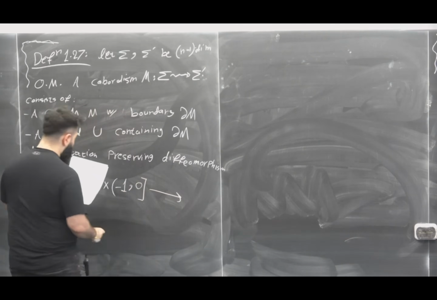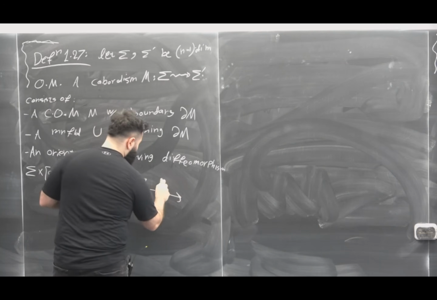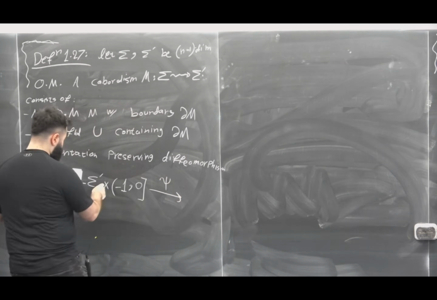My orientation preserving diffeomorphism psi is a map from here to U.